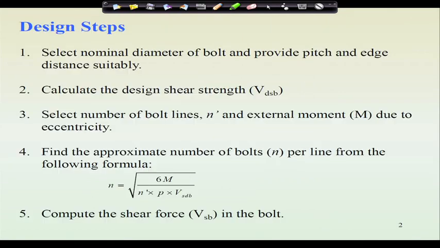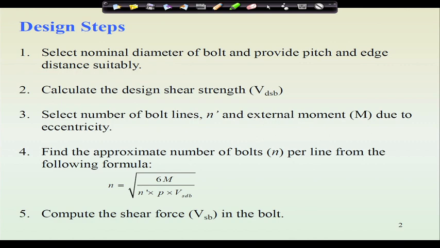Before going to the example, I will very briefly give an overview of the design procedure I discussed yesterday. That is, the design steps. We start the design with some basis.